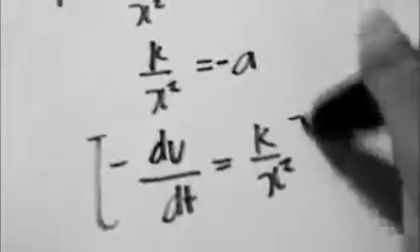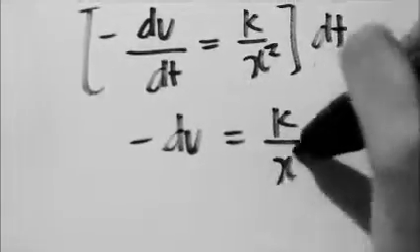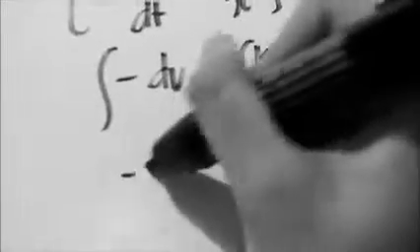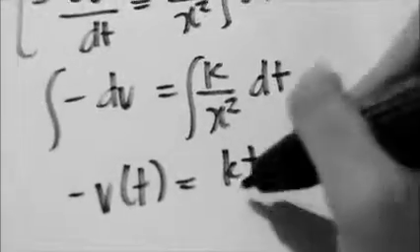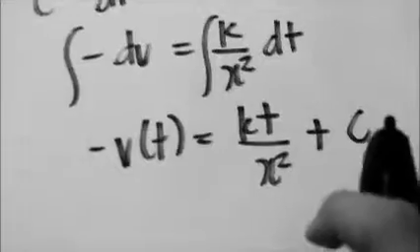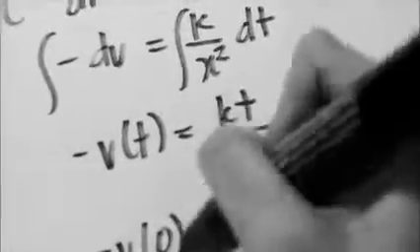Multiply both sides by dt, we will get negative dv equals k over x squared dt. Then integrate both sides, so we will get negative v of t is equal to kt over x squared plus c. To get the value of c, we will let t be equal to 0.